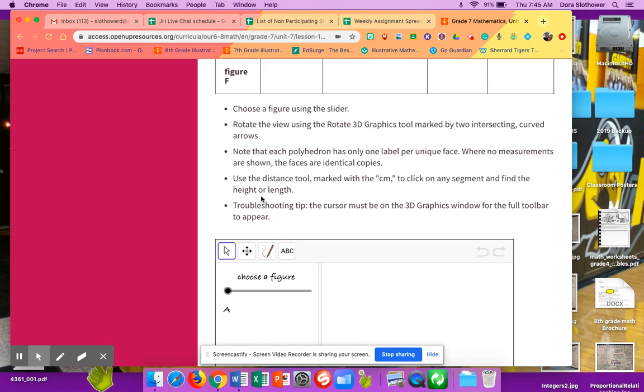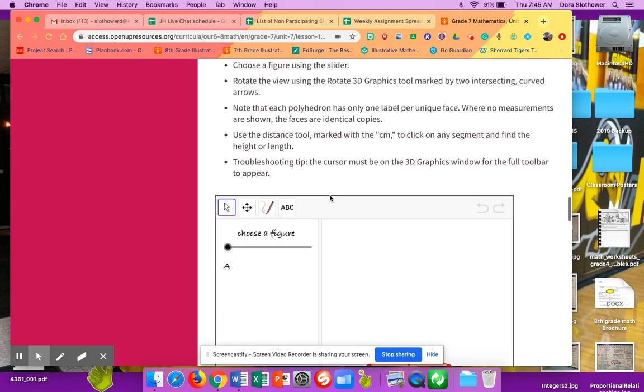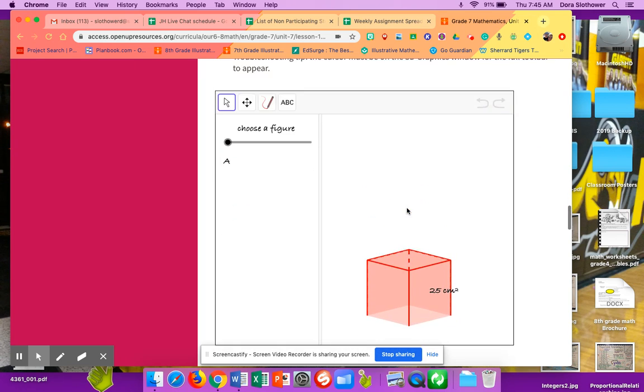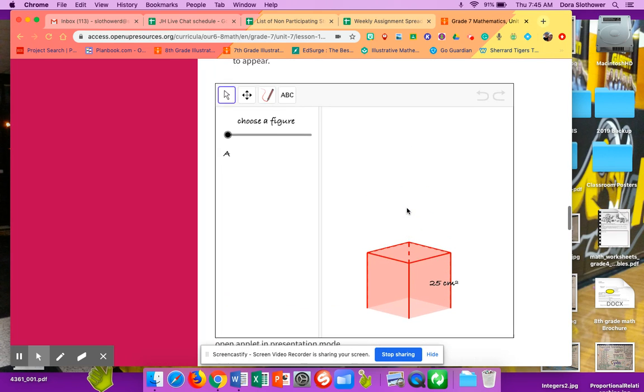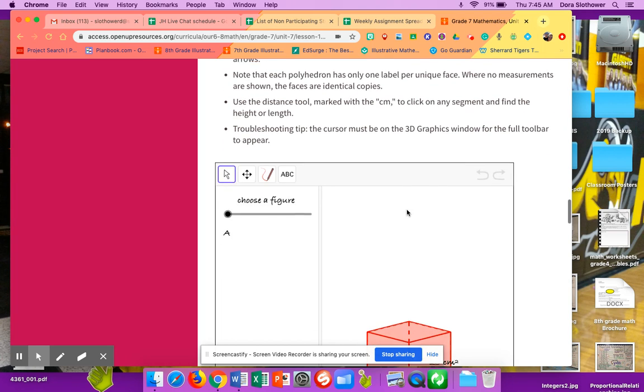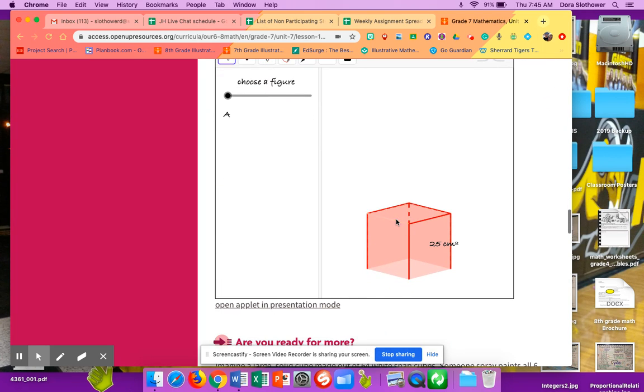So we'll use that. All right. So here is your cube. Here it is. And that must mean all the faces are equal.